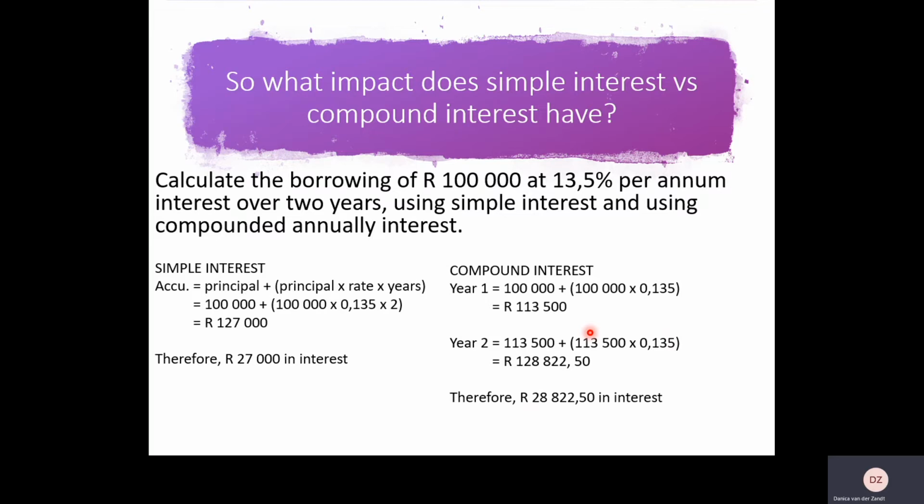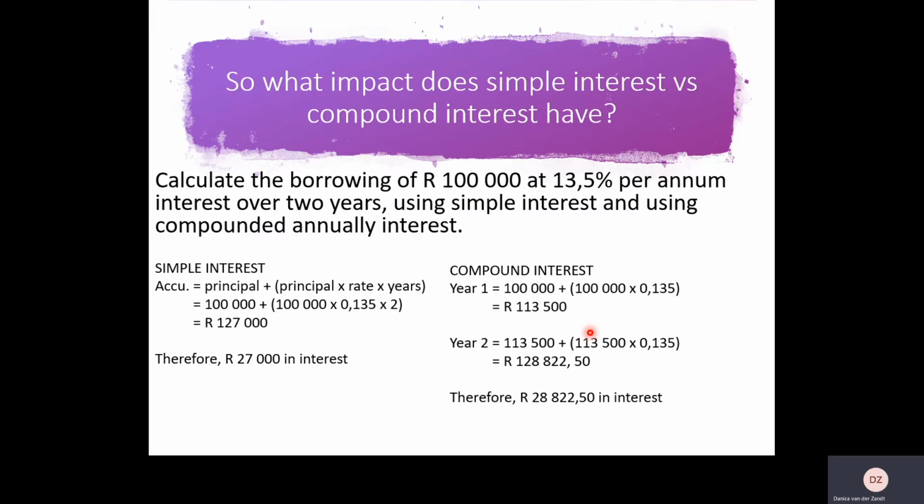So I want as few compounds as possible, or the lowest rate possible. That will ensure that I pay the least amount of interest, because that's what I'm worried about. I want to pay as little extra money as I have to.